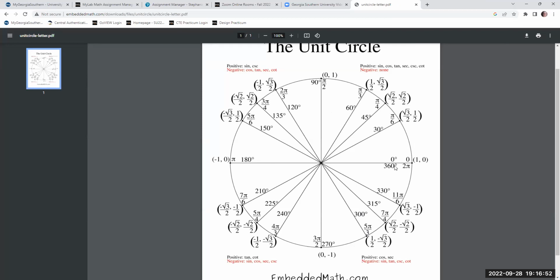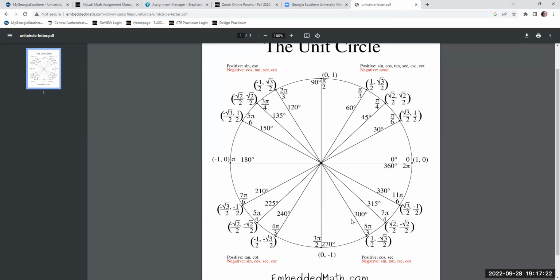So if you're going in the negative direction, from this point at 0 to this point is negative 60. So that is going to be the answer. The angle at this spot where y is negative square root of 3 over 2, and remember the sign of the angle is the y coordinate. Now we're looking for the angle that has this y coordinate. Negative square root of 3 over 2 is here at negative 60, which is coterminal with 300.